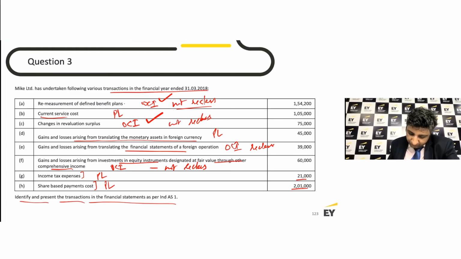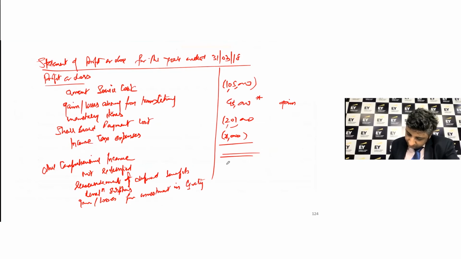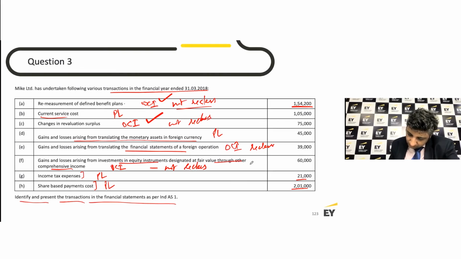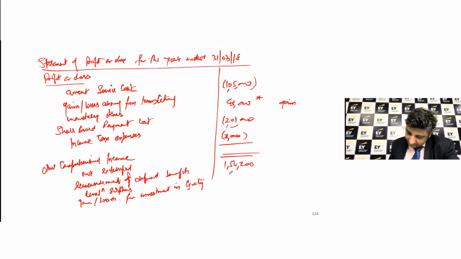We don't have complete information, so we can take it like this: 154,200, and then we have 75,000, and then we have 60,075.